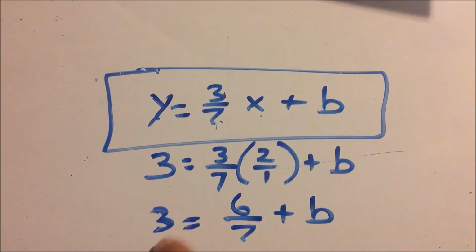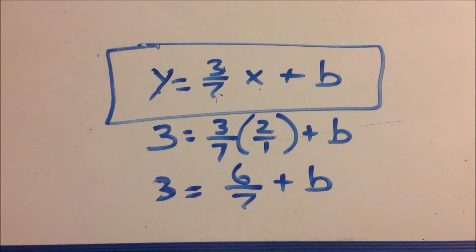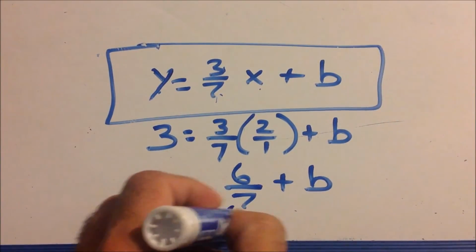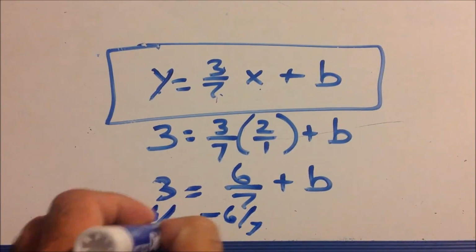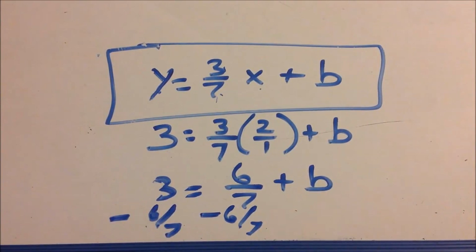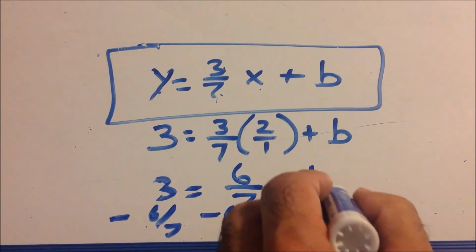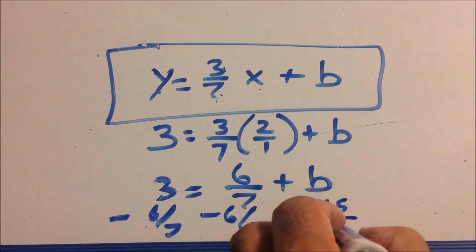So we have a 3 equals 6/7 plus b. X is gone now because we said the x was 2. So what do we do? We just subtract the 6/7 from both sides, and you'll get b. Okay, and if you subtract that, b will be 15/7.